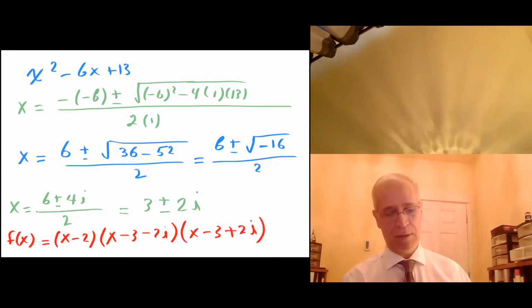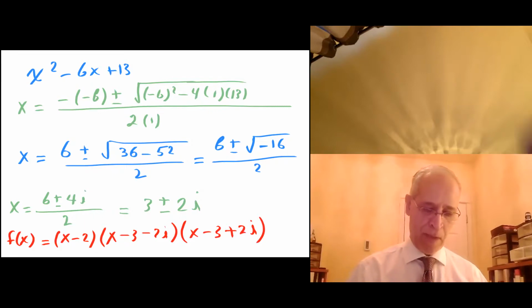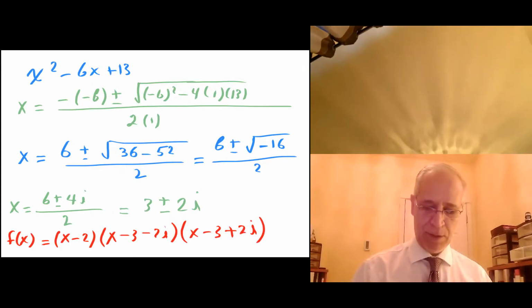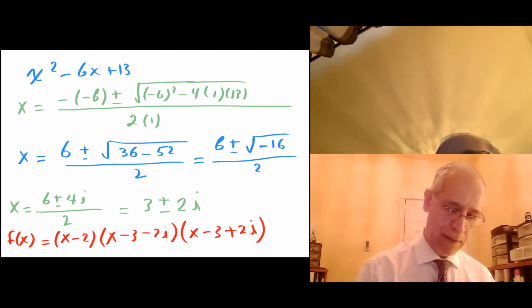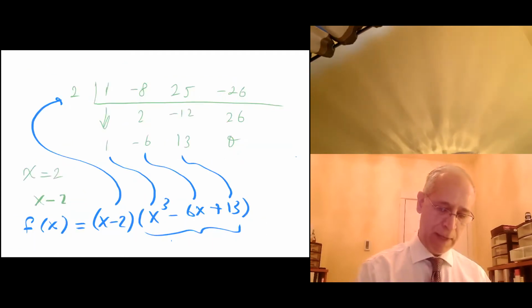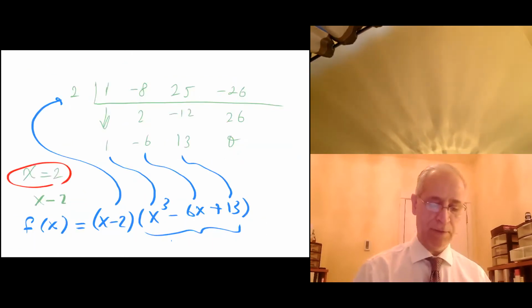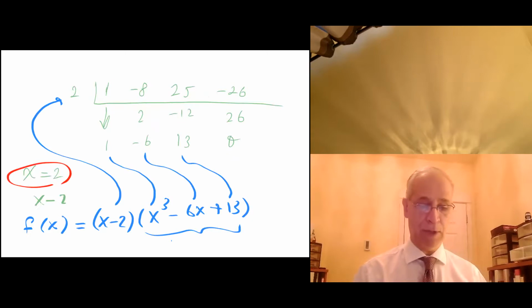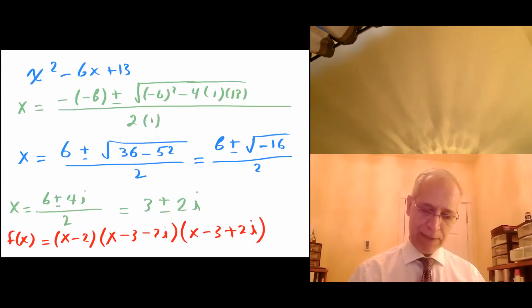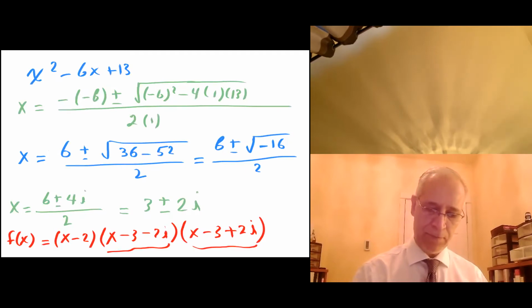If you ask me, where did I get x minus 2? Let's go to the previous page. In here, you see x equals 2. If I subtract 2 from both sides, I get x minus 2. And you may ask, how did you get this and this? I got them from here.